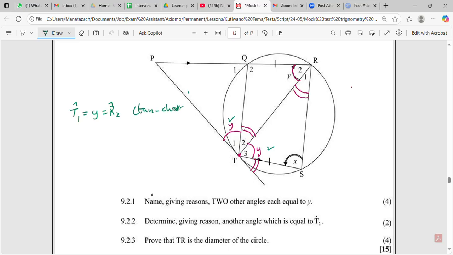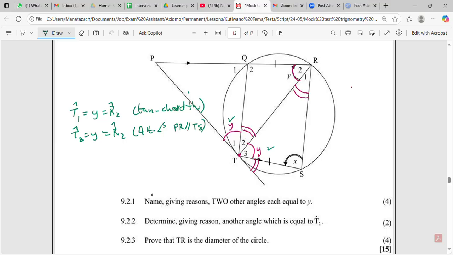And then T3 is equal to y because of alternating angles with R2. So you'll say alternating angles are equal. Remember, they gave us that PR is parallel to TS. And then, yeah, that's the first question.